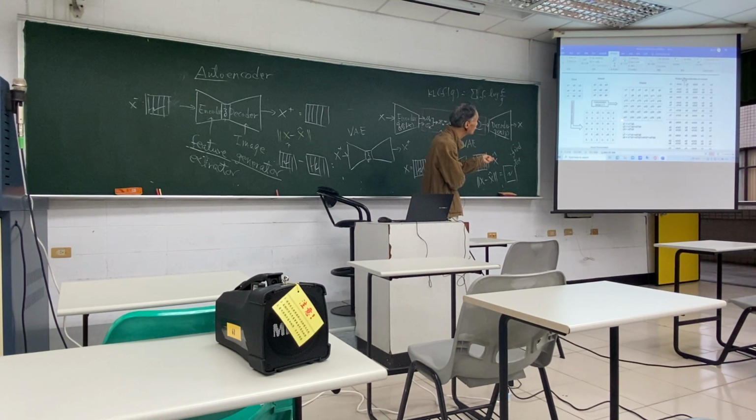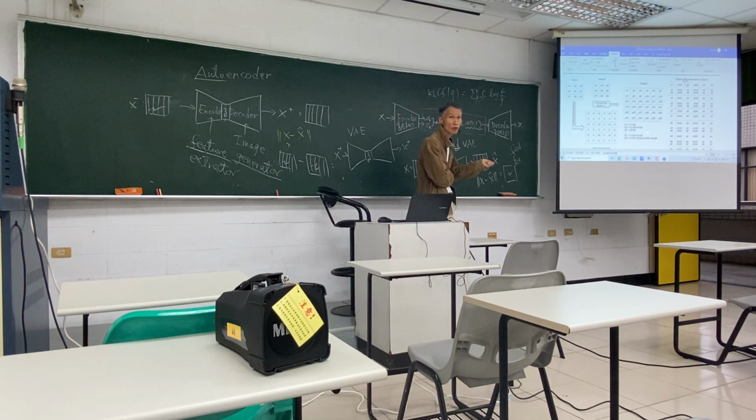So Y1 will have the value X1 times A5. Then you can check for Y2. When you move A5 right here, what you got is A4 times X1 and A6 times X2. That's what you got here.